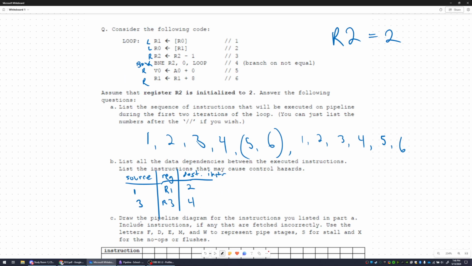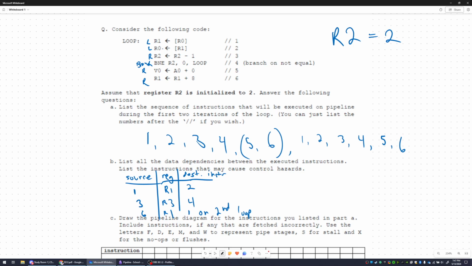So line 6, register 1 on instruction number 1 on the second loop. Is there anything else? I think those are the only 3, right?